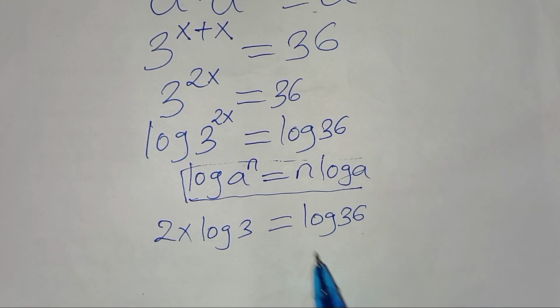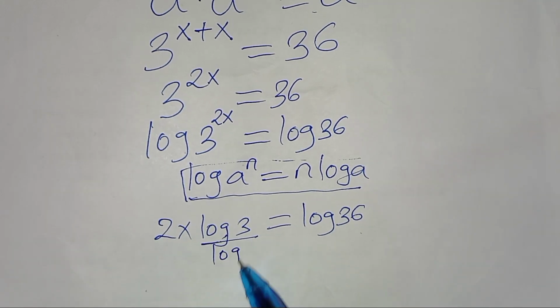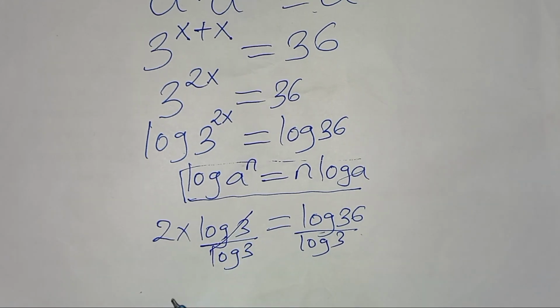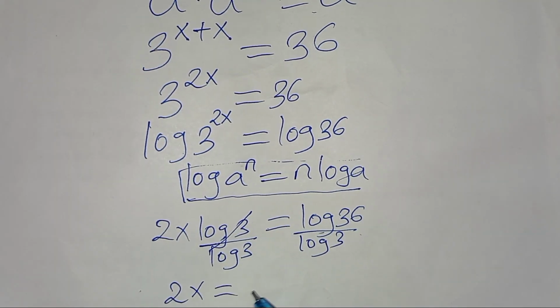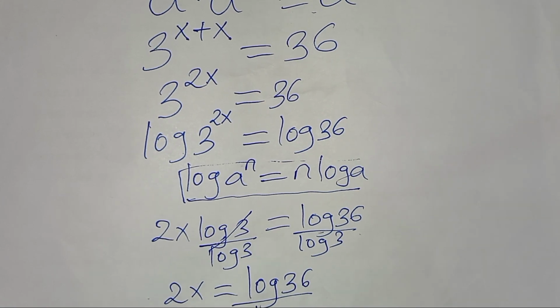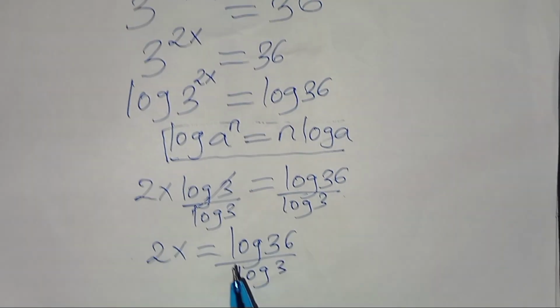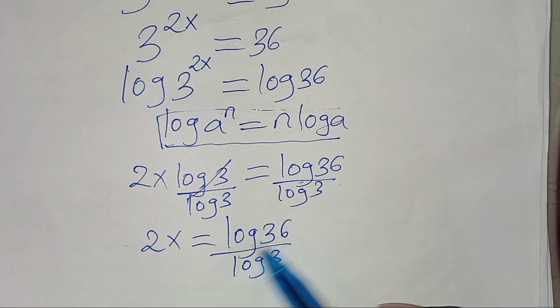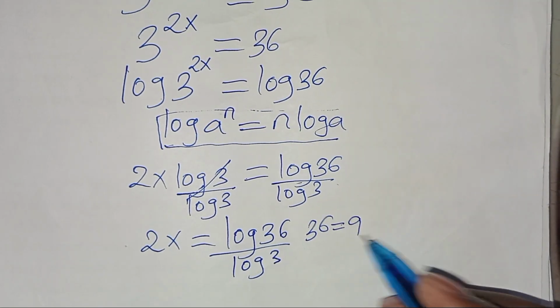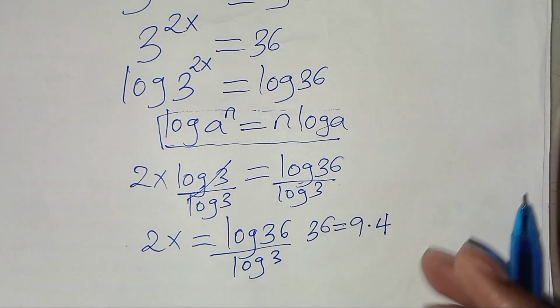Now from here, we divide both sides by log 3, so that now we'll have 2x equal to log 36 divided by log 3. Now we can express 36 basically as 9 multiplied by 4.